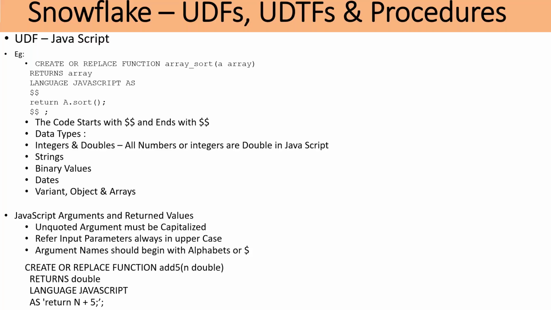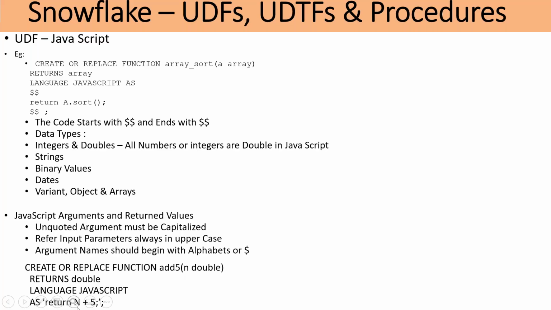Okay. Whenever you're writing JavaScript, the parameter that you're passing, you can pass like n double, but when you want to refer to this parameter, it has to be capitalized, capital N plus 5. It cannot understand small n.